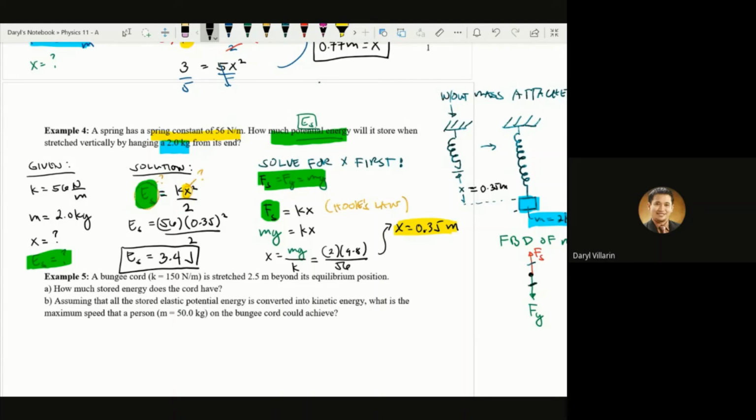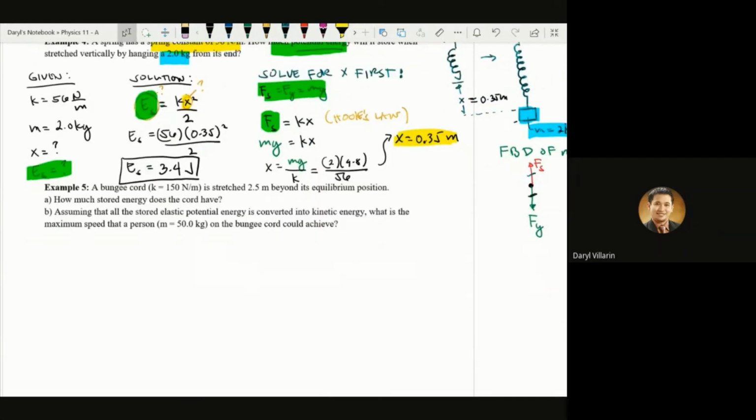Okay, so we move on to example number 5. A bungee cord works the same as a spring because it can stretch out. So in stretching it out, there's an elastic potential energy there.